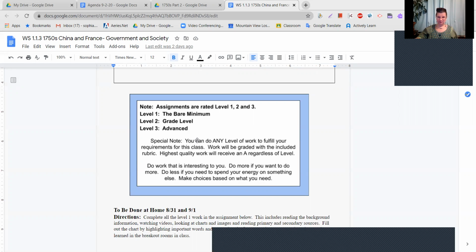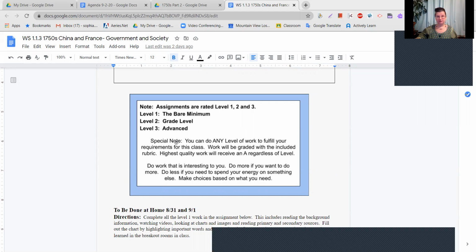But because I simply can't be in my students' lives as much as I would be when we were in the classroom, this work needs to be done independently, and that makes it a little bit harder. So level 2 work is going to be a little bit more challenging for your student because they're doing it on their own. And level 3 is advanced.